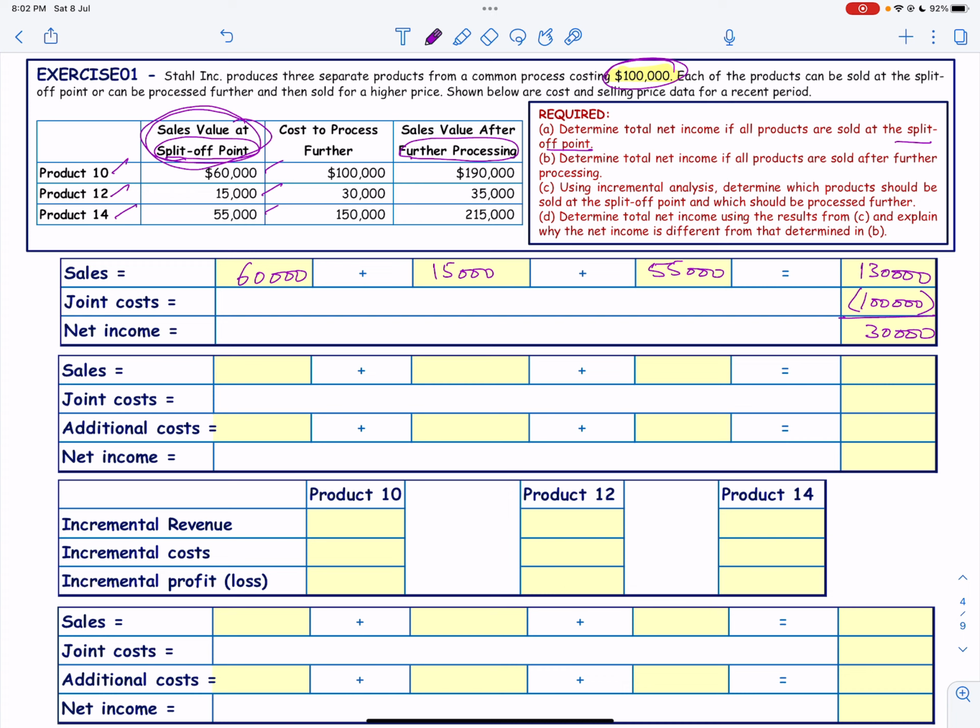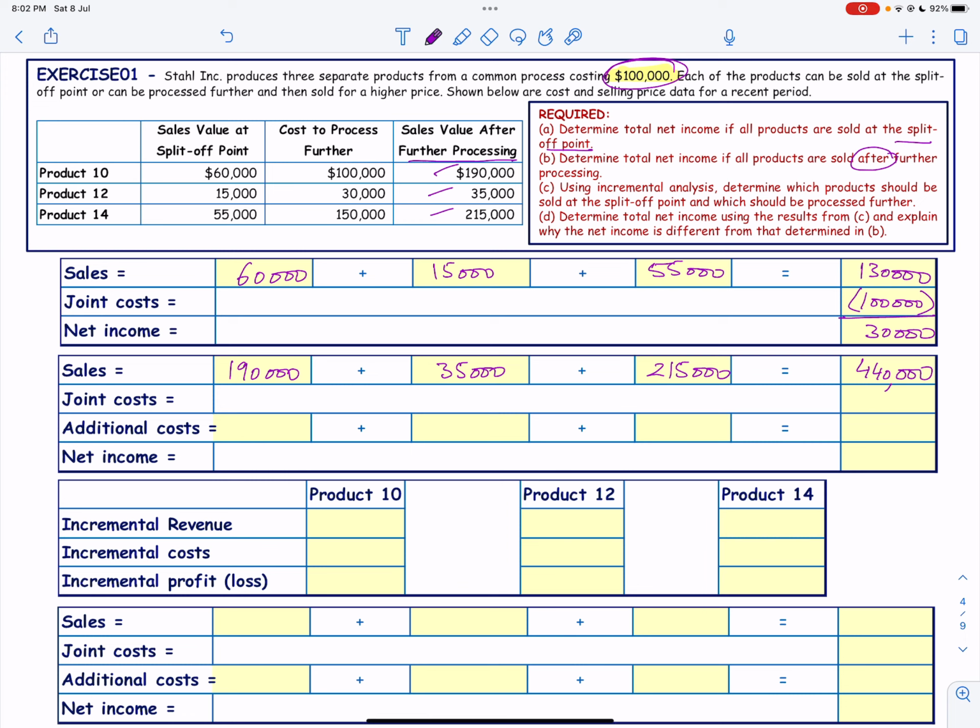Then determine total net income if all products are sold after further processing. So in this case they are processed further, and now the sales are 190, 335 and 215, so the total is 440,000.